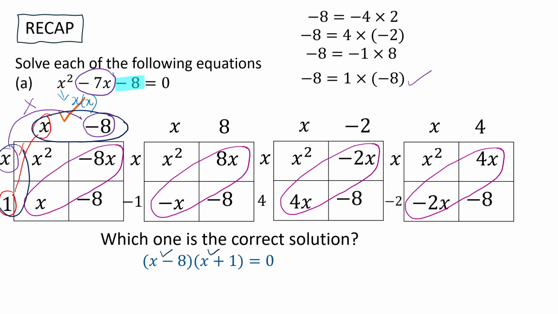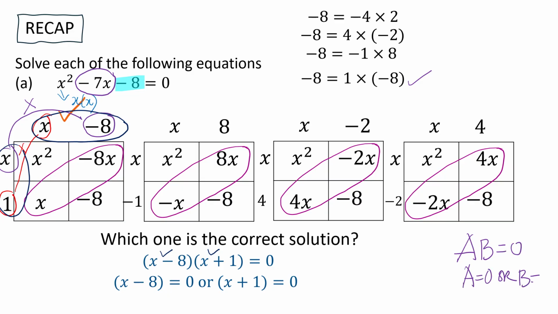And we can apply the zero product property, which is: AB is equal to 0, so therefore A is equal to 0 or B is equal to 0. And that will give you x equals 8 or x equals negative 1. So this is how we use the box method.